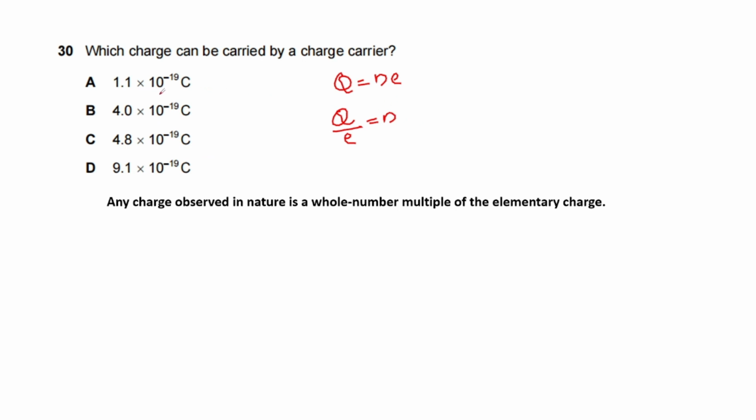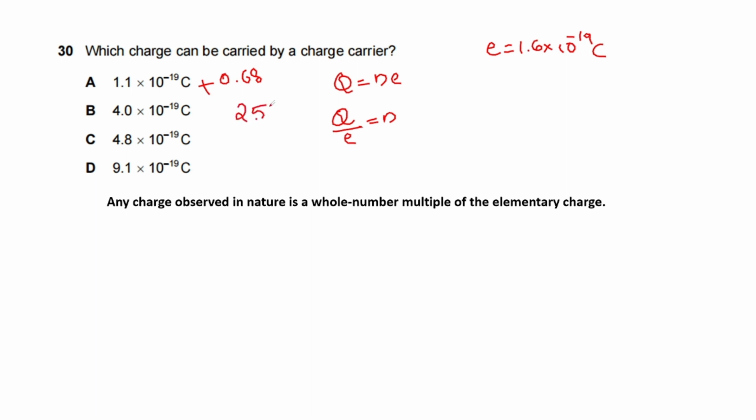Let's check the first option, 1.1 divided by 1.6, because the e value is 1.6 times 10 to the power minus 19 coulomb. So you will be getting 0.68, which is not a whole number, so this is not the correct option. Option B is 4, and 4 divided by 1.6 is 2.5.